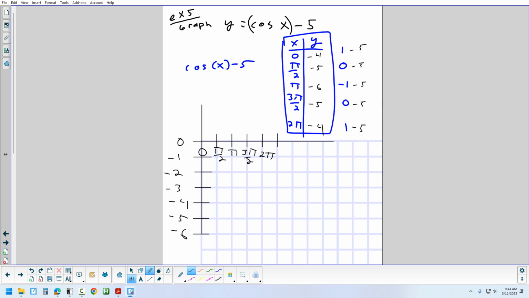All right, so the first coordinate is 0, -4. At pi over 2, -5. At pi, we're at -6. So we've hit the bottom of the V. Now it's going to start coming back up. And there's your sketch. Any questions on that?